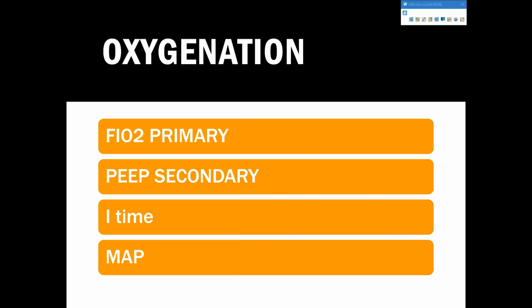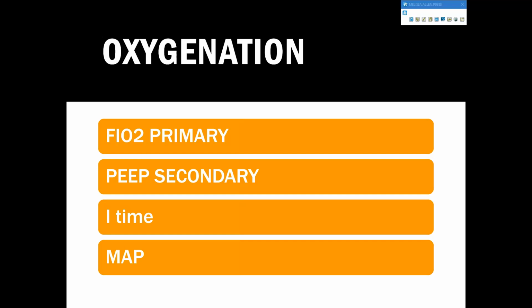I time. So that IE ratio that we've been talking about, it's very important if our CO2 is a problem that we need to have enough E time. If our CO2 is fine, or we're doing permissive hypercapnia, and our oxygenation is our problem, that's when I time becomes our third player that will help to oxygenate our lungs, right?